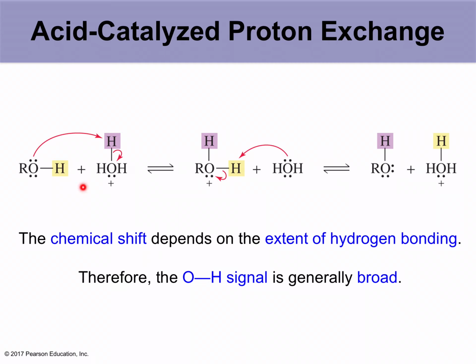In the presence of the acid, the hydrogen on the alcohol can exchange. Now let's say this is a catalytic amount of acid. The alcohol lone pair grabs a hydrogen and becomes a protonated alcohol. And it leaves as a water molecule. And the water molecule is going to deprotonate the alcohol molecule.